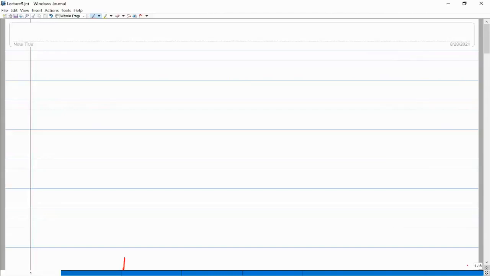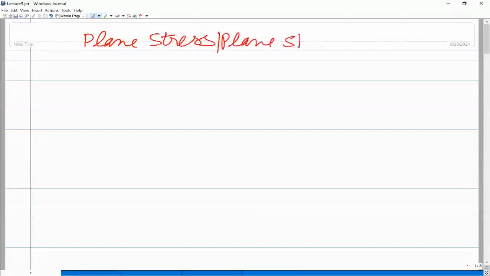The idea is to discuss the compatibility requirements, so that we have some background for the plate bending elements when we talk of compatible and incompatible elements.